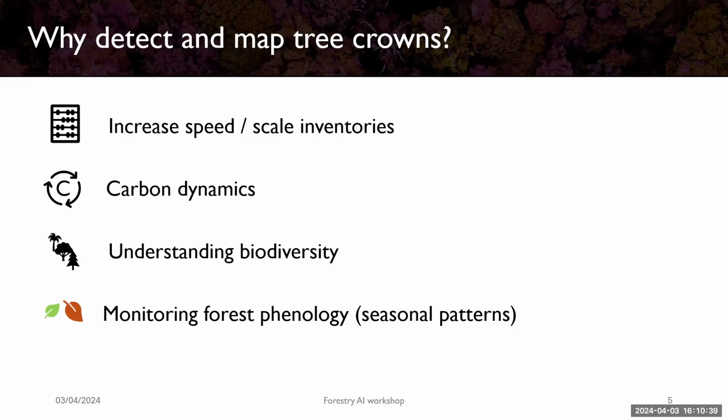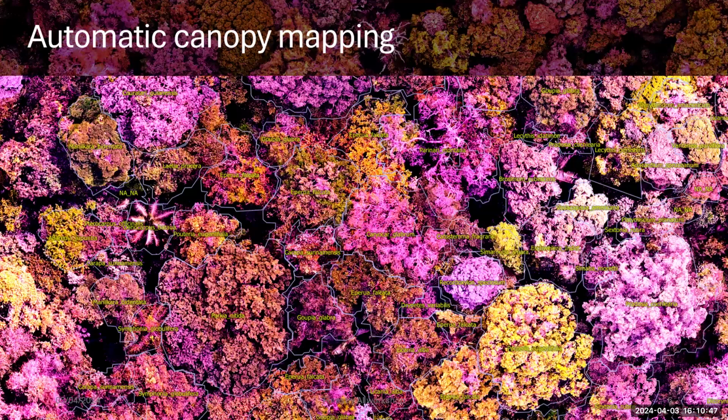This is why we wanted to really map the tree crowns in our regions of interest in detail. This is just to give you an idea of what the forest might look like from above. This is just RGB imagery, but we've played with the colors a little bit to exaggerate the contrast between the different species here.